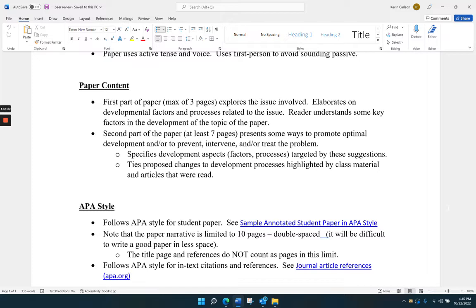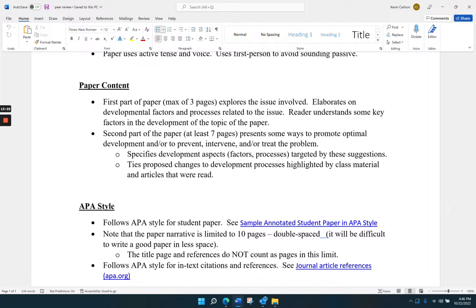And when you're doing this part of the paper, the last part of the paper, you should also be specific on those developmental aspects. So, as you're saying, well, I would do this to prevent it, well, you should have some sort of argument about, well, why would doing that help prevent it? What would be the developmental process? Why would it work?